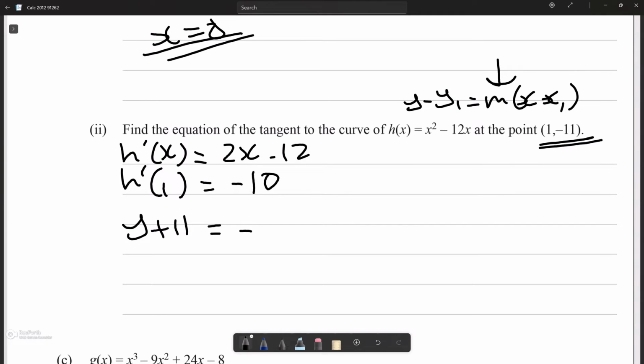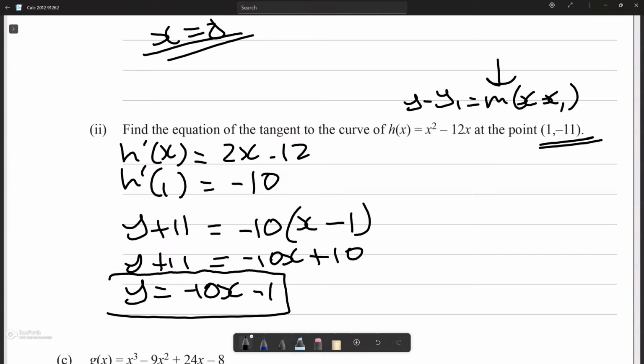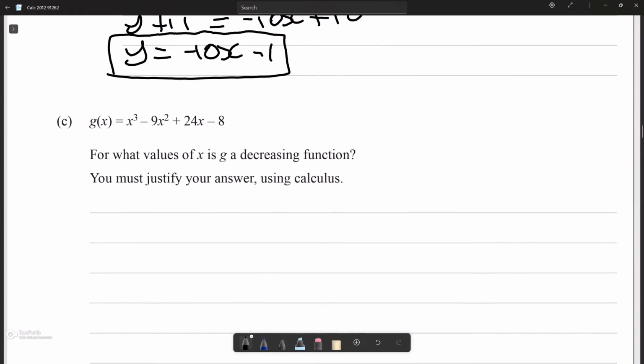And then I can use these points. So y plus 11 is equal to negative 10 bracket x minus 1, which is y plus 11 is equal to negative 10x plus 10. Therefore, y is equal to negative 10x minus 1.